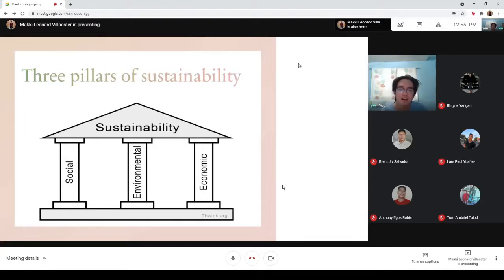Next is the economic sustainability. So economic sustainability aims to maintain the capital intact. If social sustainability focuses on improving social equality, then economic sustainability aims to improve the standard of living.